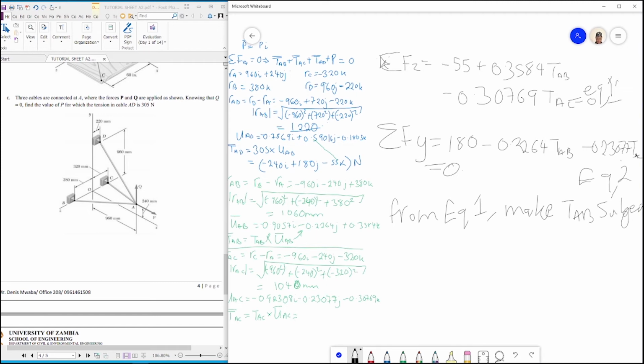These things we know, isn't it? So TAB is equal to the 55 will cross the sign, it will become positive, it will be 55. What else will cross the sign? The minus 3 TAC will cross the sign also.